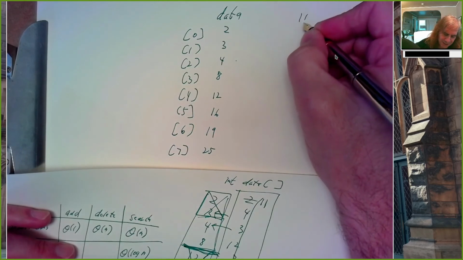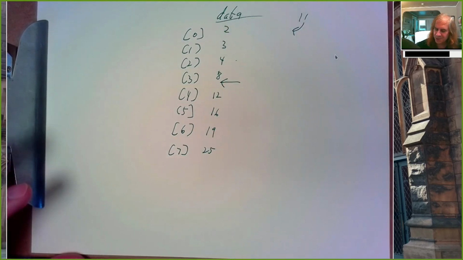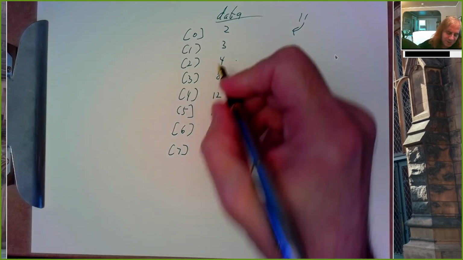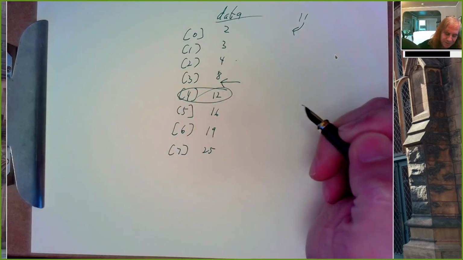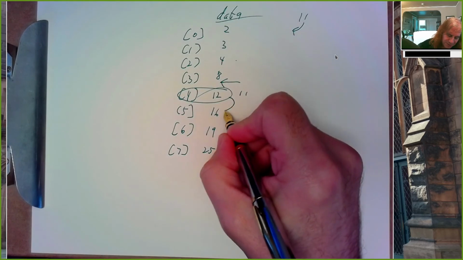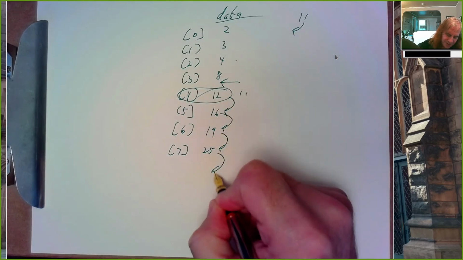If we try to add an 11 to this, it's really got to go into here. It should be data bracket 3.5 or something, right? And we can't do that. There's only one possible place in memory where the number after 8 can be stored, and that's right here. So our 11 has to go there, which means we have to move the 12 down, which means the 16 and the 19 and the 25 have to get moved down.